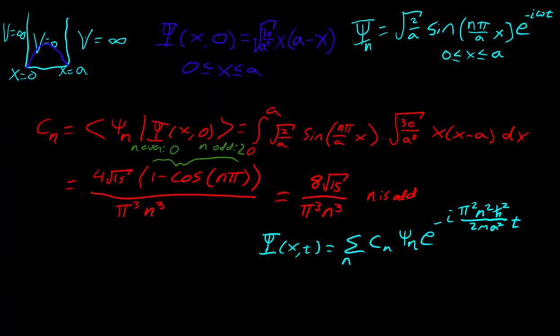And we know what c sub n is. So in general, our psi of x and t is summing over all possible n, but that's just n odd. Cn is 8 root 15 over pi cubed n cubed.